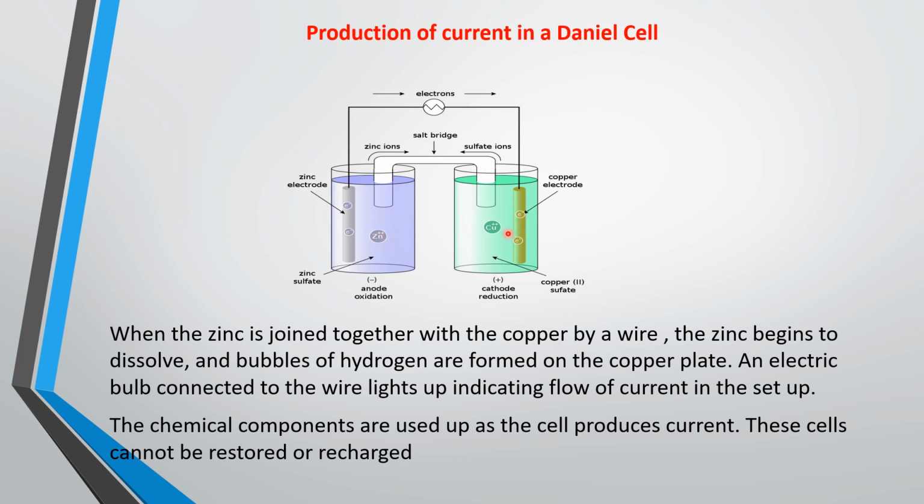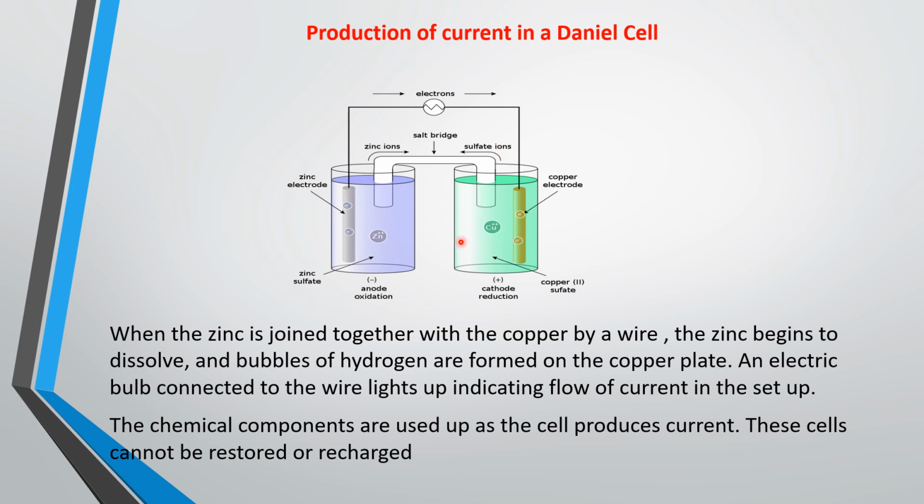As this process is going on, electric current is flowing, right? Electric current is flowing from the positive electrode to the negative electrode, while electrons are being attracted to the positive electrode.